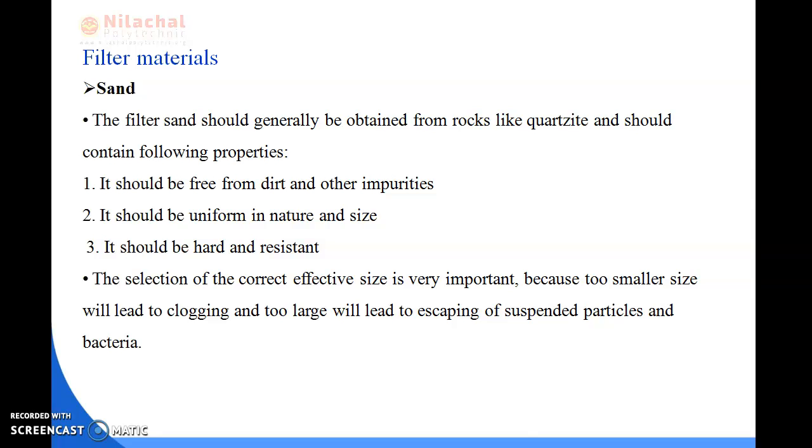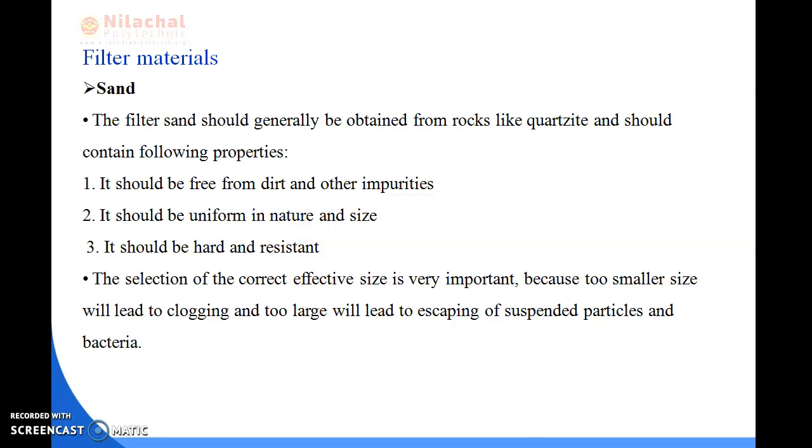It should be free from dirt and other impurities. It should be uniform in nature and size. It should be hard and resistant. The selection of the correct effective size is very important, because too small a size will lead to clogging and too large a size will lead to escaping of suspended particles and bacteria.